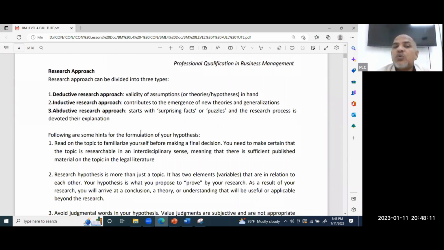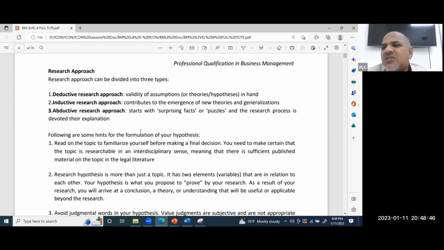So there are two different approaches. One is deductive research, the other is inductive research. Abductive research, we don't need that. Deductive research is the research we are going to do, to test others' research. That is deductive research. We are not making new research.